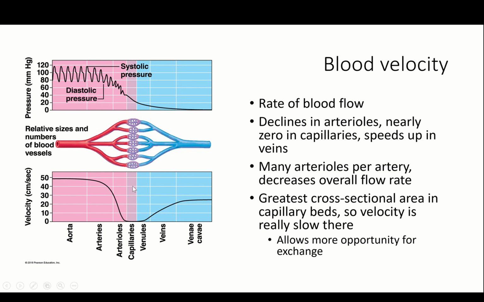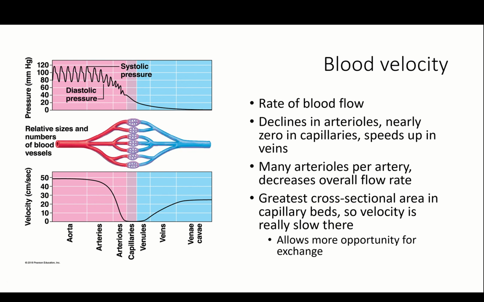That labeling scheme carries on up here too. If you look at heartbeat and pressure, you'll see a wave pattern of systolic and diastolic pressure. When the heart is beating, the pressure is very high. When the heart is relaxing and pooling blood, it's very low.